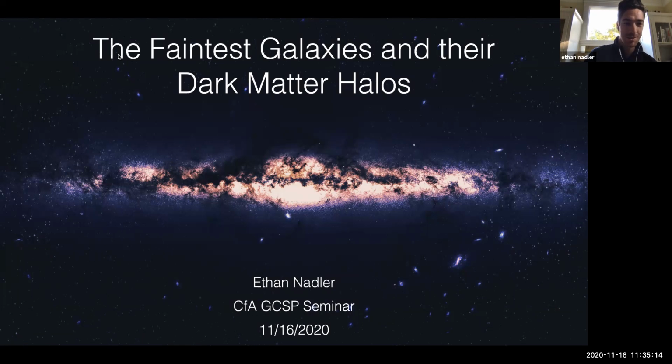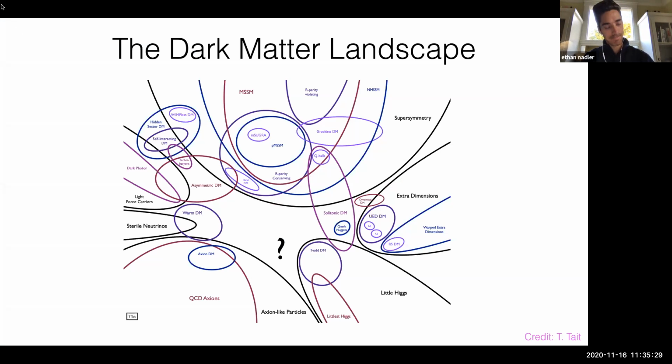I'm really excited to tell you about some of the work we've been doing over the last few years in Risa Wechsler's group, also in the Dark Energy Survey, using ultra-faint dwarf galaxies as a tool to understand galaxy formation and dark matter physics. A lot of what I'll talk about is on the dark matter side, and I like to start with this slide that shows a landscape of particle candidates for the dark matter particle.